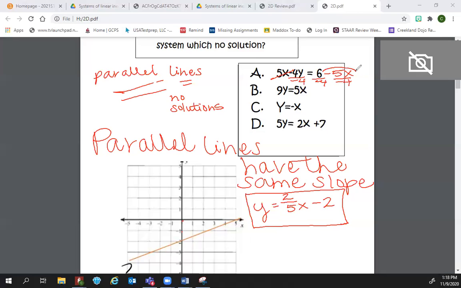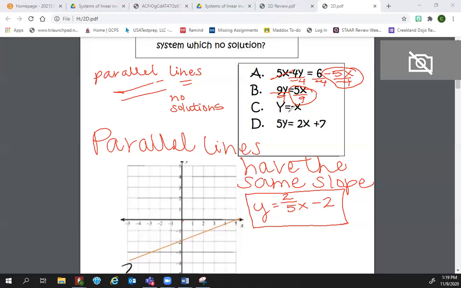Is this gonna look like 2/5? No, right? What about b? I don't have to add or subtract the x, but I do have to do what? Get y by itself. So then I have a slope of 5/9. Is that okay? Yeah. Does that match 2/5? No, it does not.